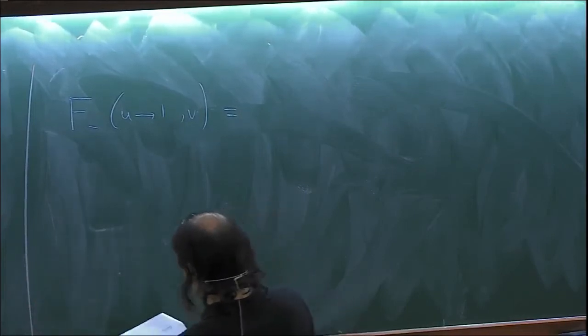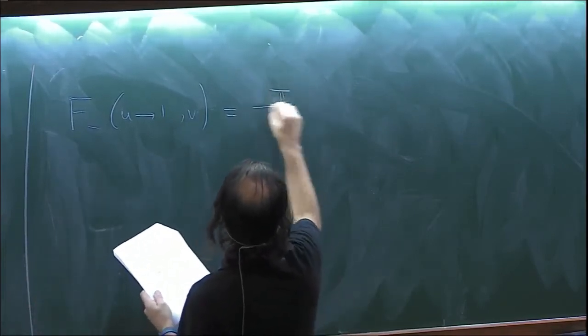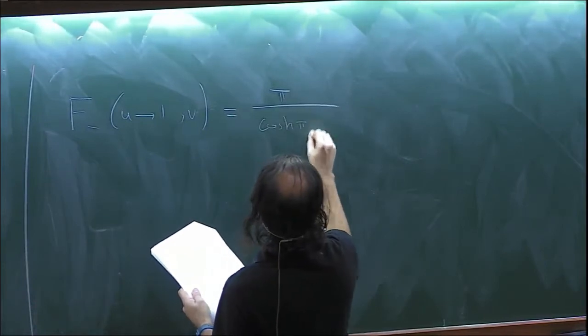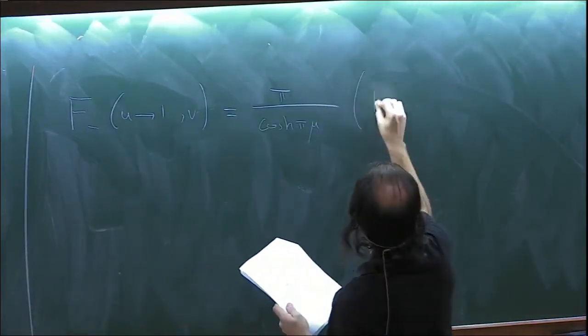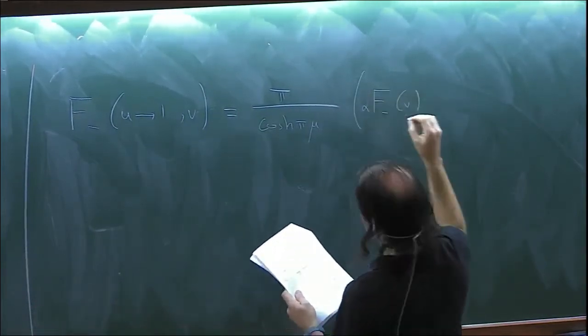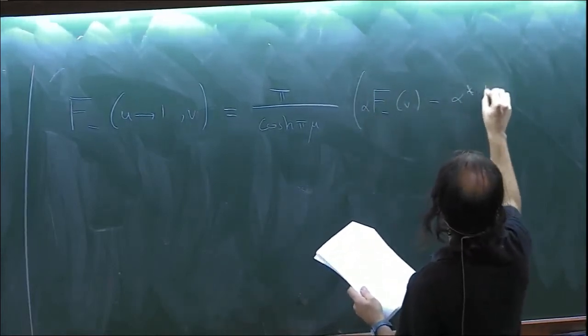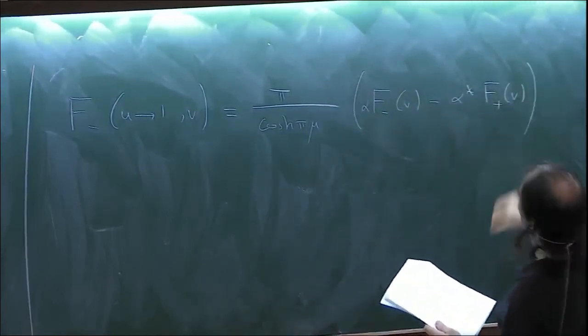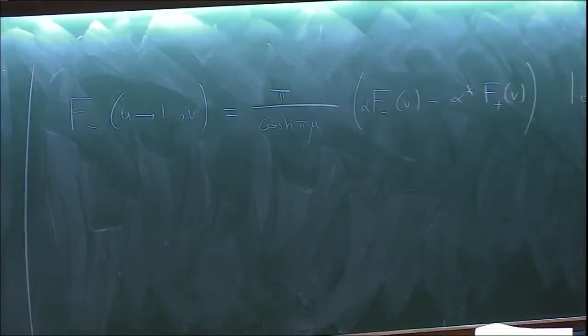If I look at F minus as u goes to 1, from the behavior I told you, that each one of these things goes like log 1 minus u, this actually goes to pi over cosh pi mu, f minus of alpha, f minus of b, minus alpha star, f plus of b, okay, times log 1 minus u.